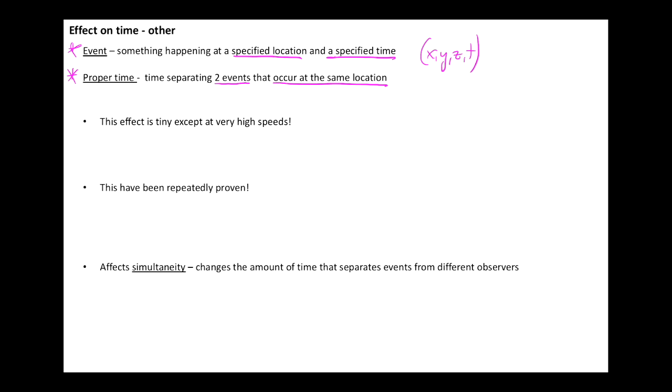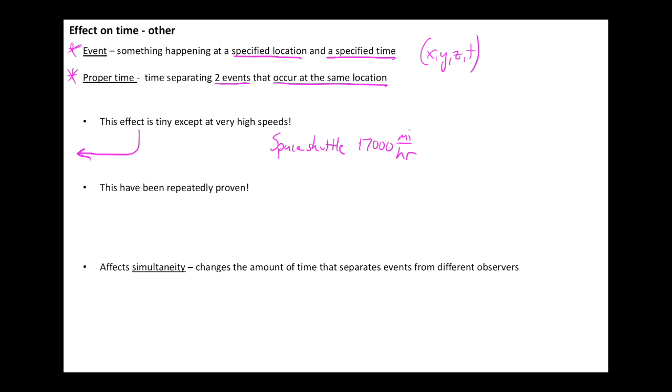Before we get to that, though, let me point out, just like we saw on the graph, this effect is really, really small unless the relative speed between the two is really high. Just to give you some idea, the space shuttle typically orbited at around 17,000 miles per hour, which is really fast. That's like 5 miles per second.